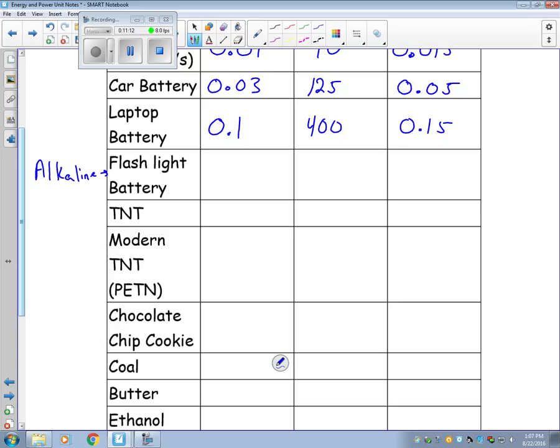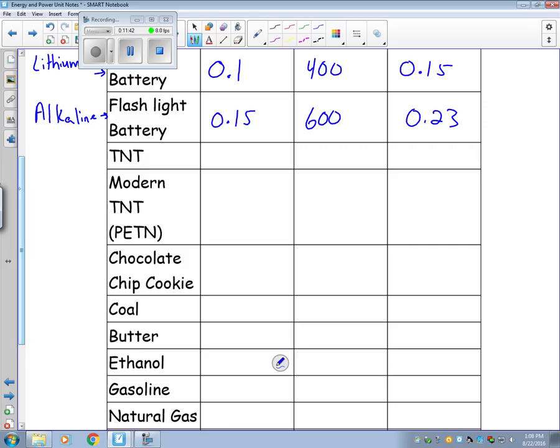So this is an alkaline, this is a lithium ion, and car batteries, lead acid. Okay, so for a flashlight battery, a little more. So 0.15 calories, so that's around 600 joules, and that would be 0.23 of dynamite.